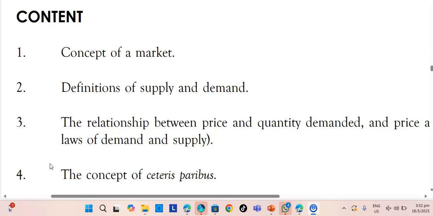Now, what are the key features of a market? They are buyers and sellers, who are people or businesses involved in exchanging goods or services. Another key feature of a market is goods or services.